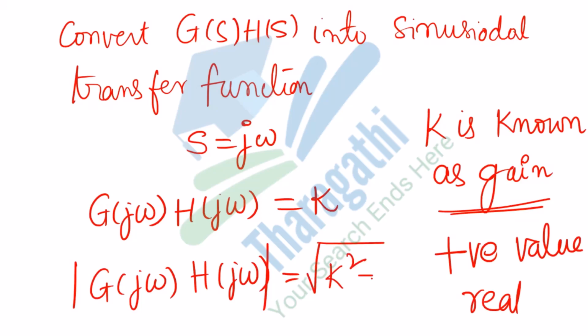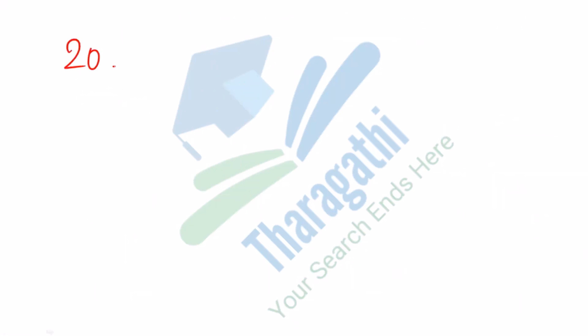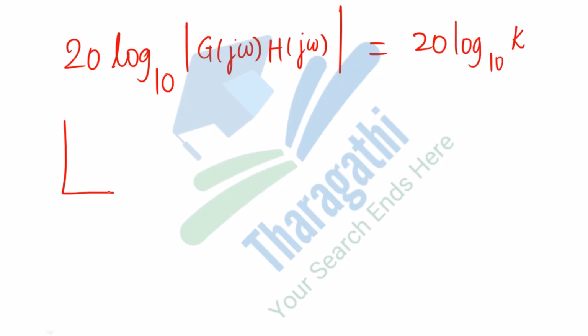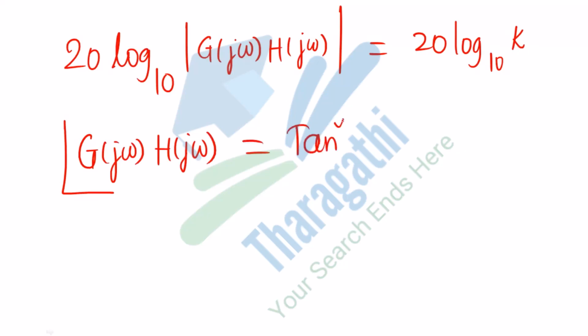Right? Now 20 log to the base 10 of the magnitude of G(jω)H(jω) is equal to 20 log 10 k, and the phase angle of G(jω)H(jω) is equal to tan inverse 0 by k. There is no imaginary value, so it is equal to 0 degree.